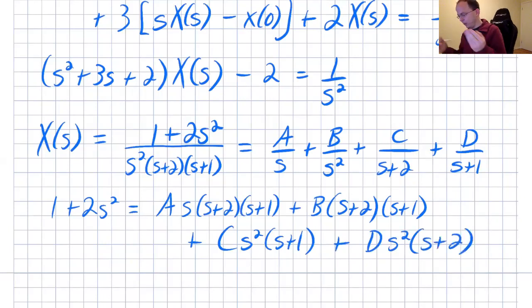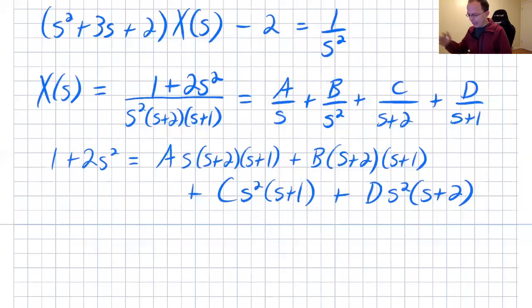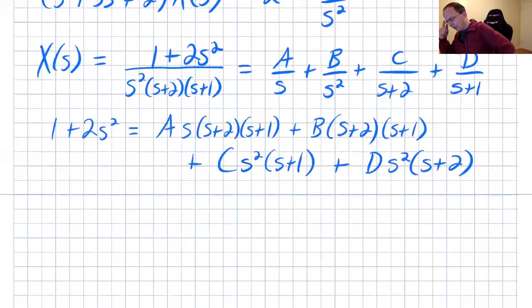Okay, so hopefully you followed that. I'm just canceling things that cancel, and we get this. Now I think this is going to be a little bit trickier to substitute stuff in, but let's see if we can figure this out.